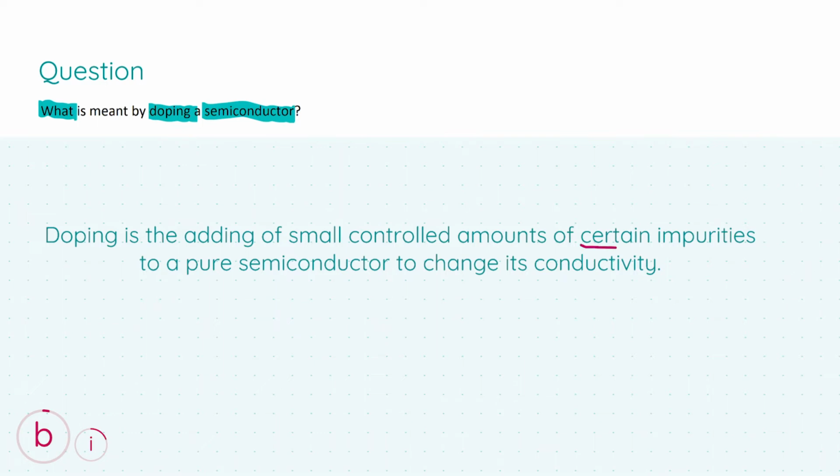And these certain impurities will be, say, atoms with a slightly different outer electron configuration than the pure semiconductor material, whatever atoms it may be. But a big thing is that these amounts are controlled so that we don't fully lose all of the properties of the semiconductor when we are trying to change its conductivity. Okay, so just stating that will get you 3 marks.